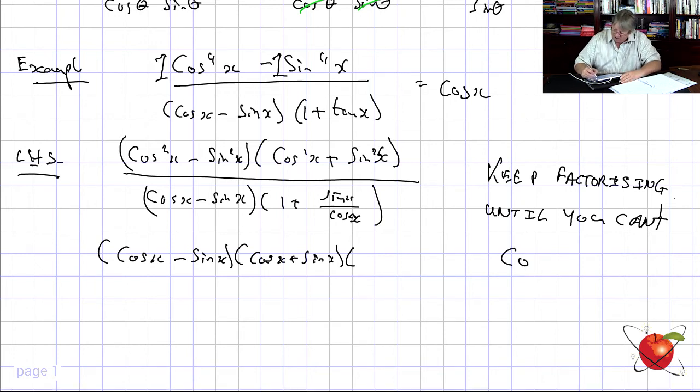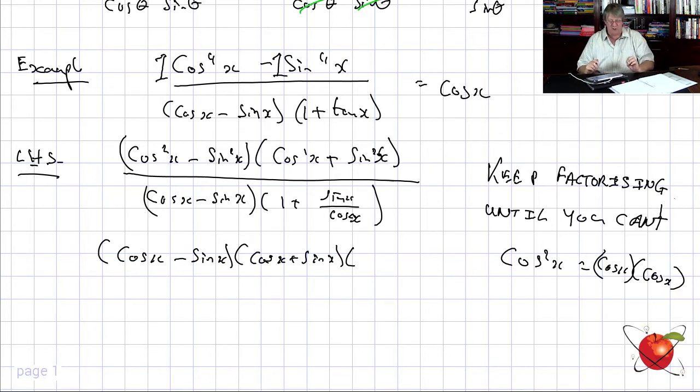And before we go any further, cos squared x is cos x times cos x, isn't it? Remember that. It's the 1 times itself. It's the shorthand way of writing that. Okay? But it's not the x squared. It's actually cos x all squared, or we write the 2 over there.